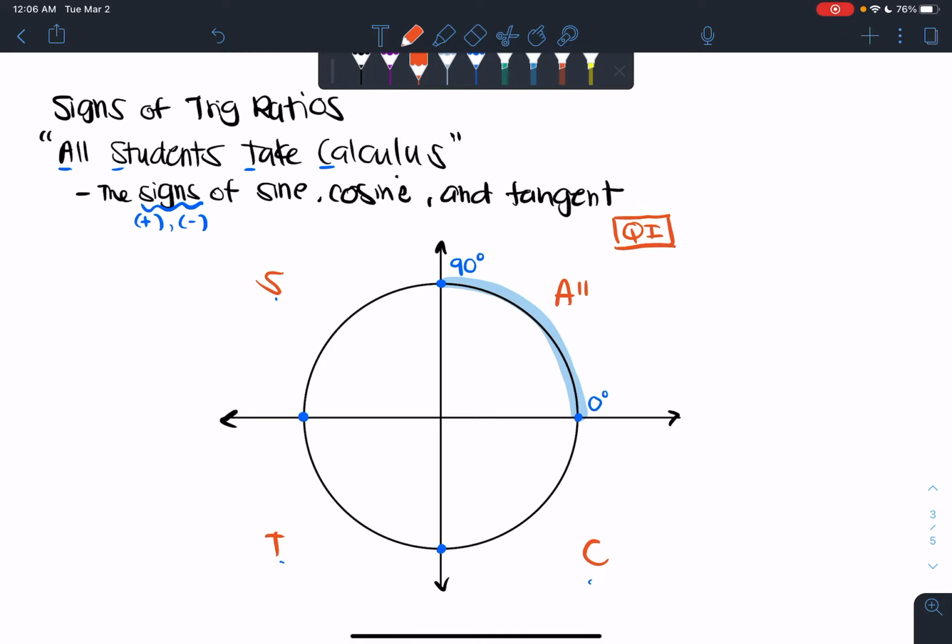What do I mean? If we have sine of an angle theta that's between 0 and 90, it will be positive. Same thing with cosine and tangent.